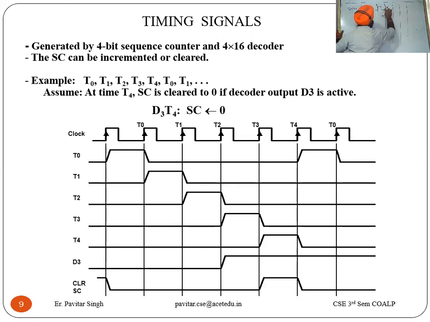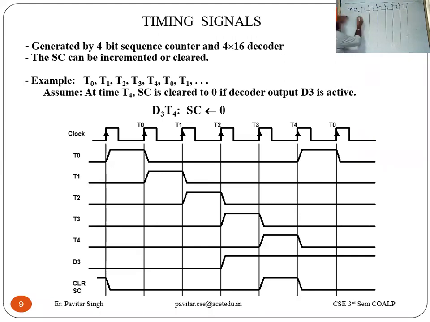This is your CLK, whereas T0, T1, T2, T3, T4, and so on are your 16 timing signals which will be generated from the sequence counter. Right? So next we have T0.